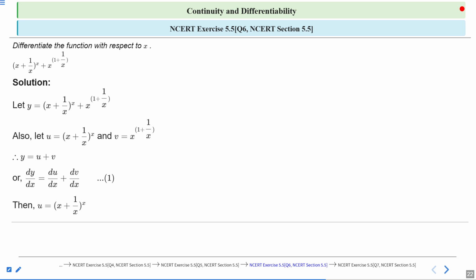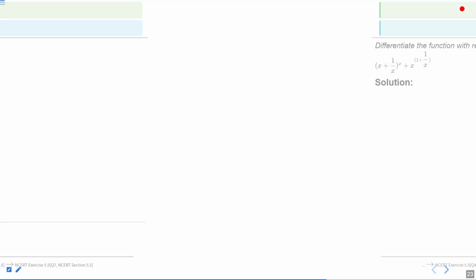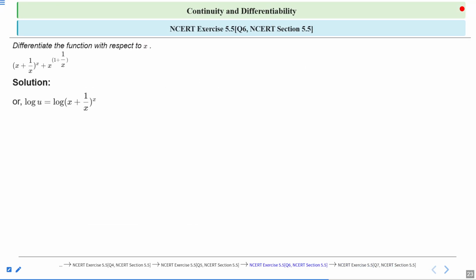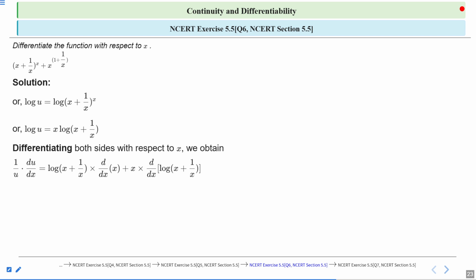Then u is equal to (x + 1/x)^x, clear? Or log u will be equal to log of (x + 1/x)^x, or log u will be equal to x log(x + 1/x), right? Now differentiating both sides with respect to x, we obtain 1/u du/dx will be equal to log(x + 1/x) into d/dx of x plus x into d/dx of log(x + 1/x), right?